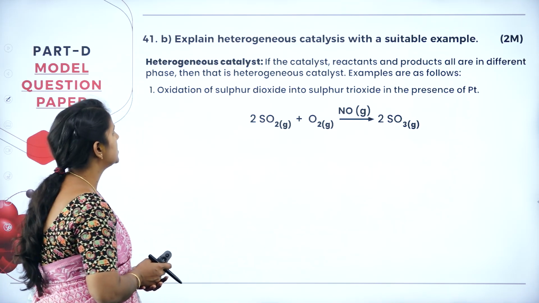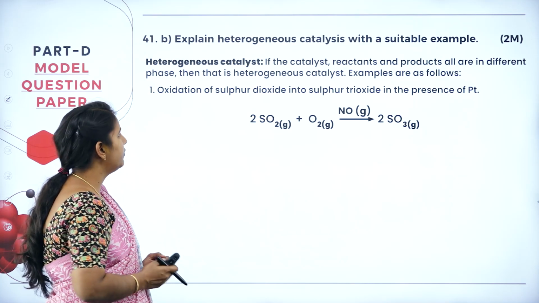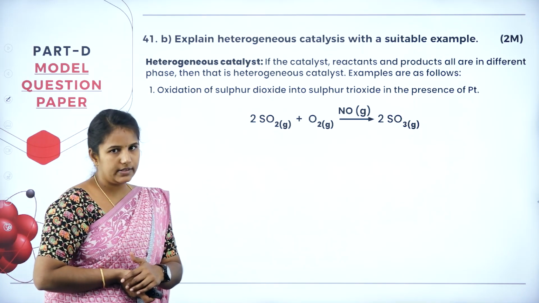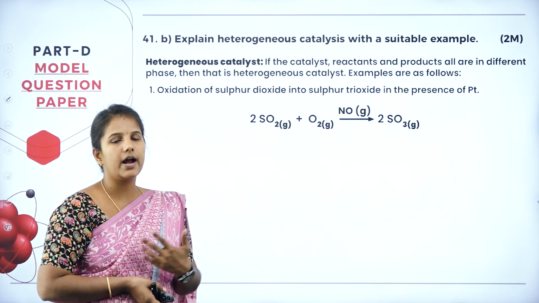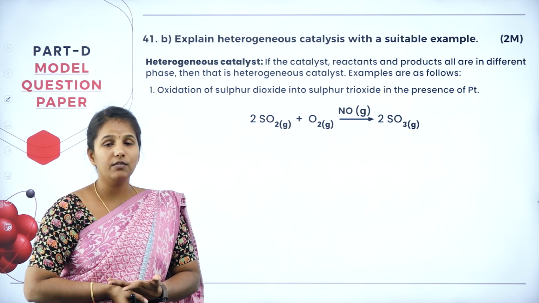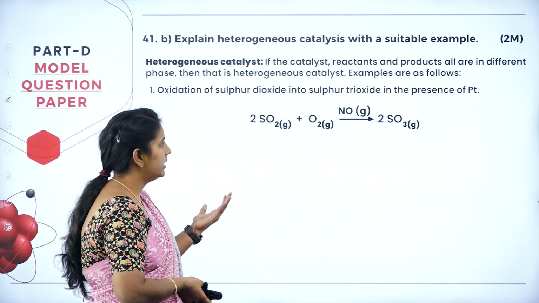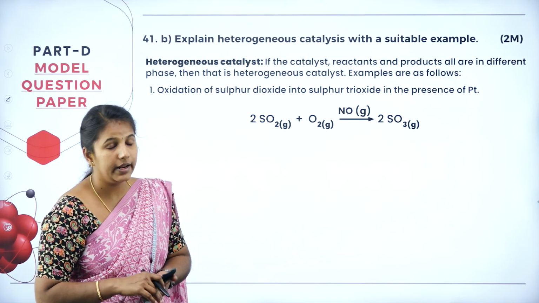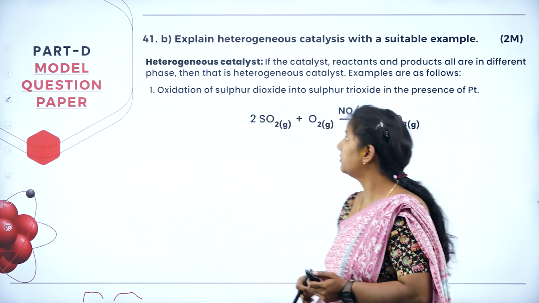Heterogeneous catalysis. Here you can take the simplest example where sulfur dioxide reacts with atmospheric air containing oxygen to give sulfur trioxide. You can see that the reactant as well as the product can be in the same state or in a different state.